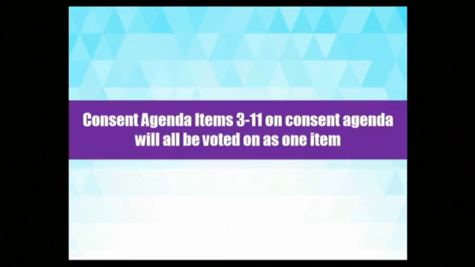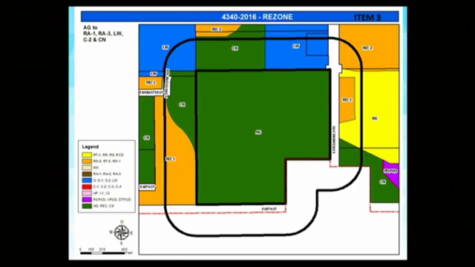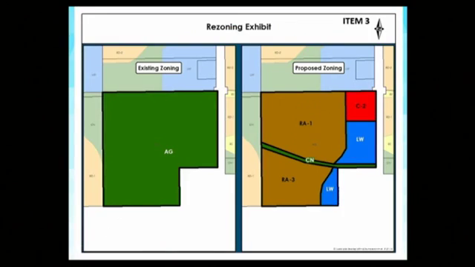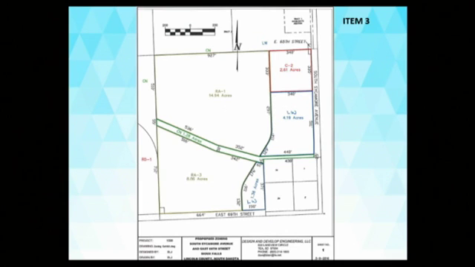Item 3, 4340 2016 rezone from the AG Agriculture District to the CN Conservation, RA1 Apartment Residential Low Density, RA3 Apartment Residential High Density, LW Live Work, and C2 Commercial Neighborhood and Streetcar Districts for allowed forms located at the northwest corner of East 69th Street and South Sycamore Avenue.